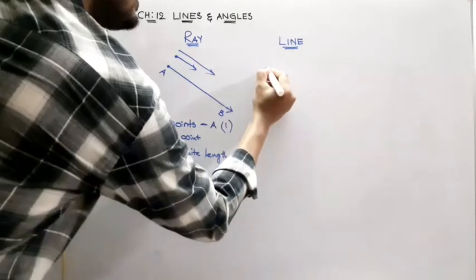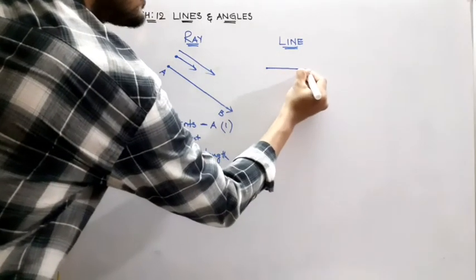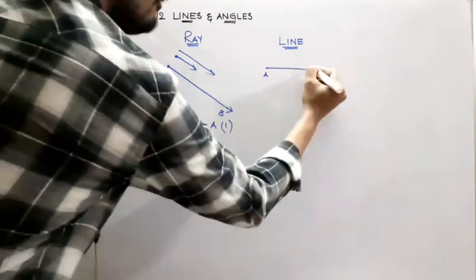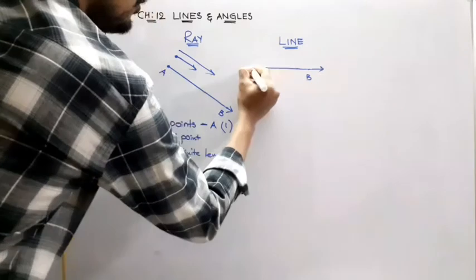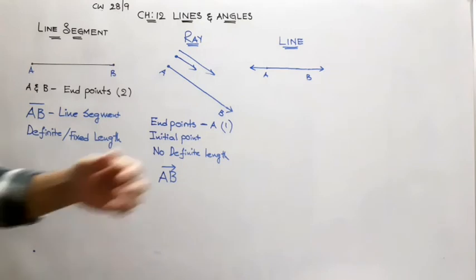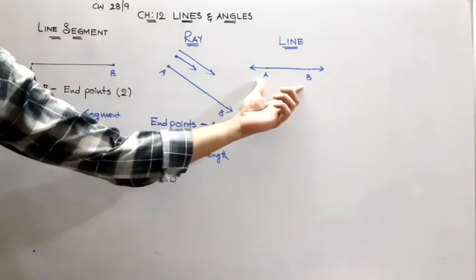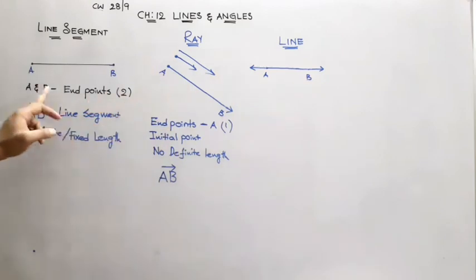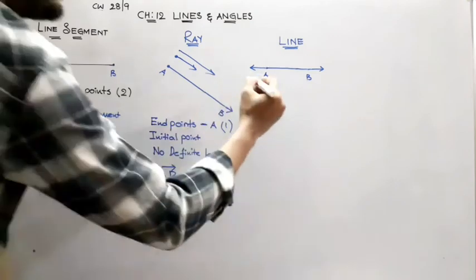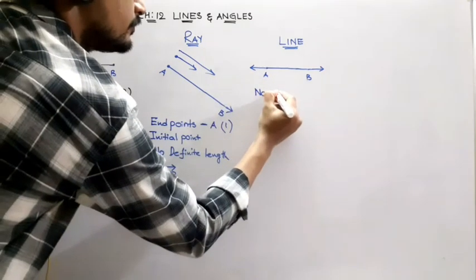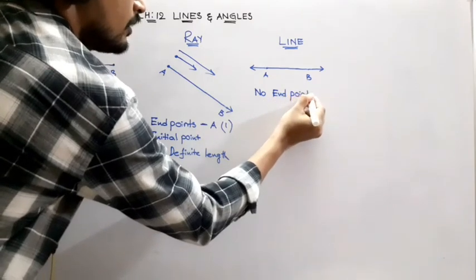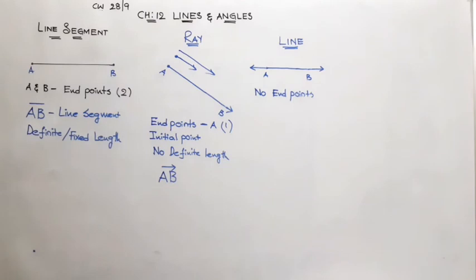So if we take a line segment AB like this, and if we extend it in such a way that both the endpoints are open, if we extend the line segment AB in both directions without endpoints, here 2 endpoints, here 1 endpoint, here no endpoints. Such a figure we call a line.